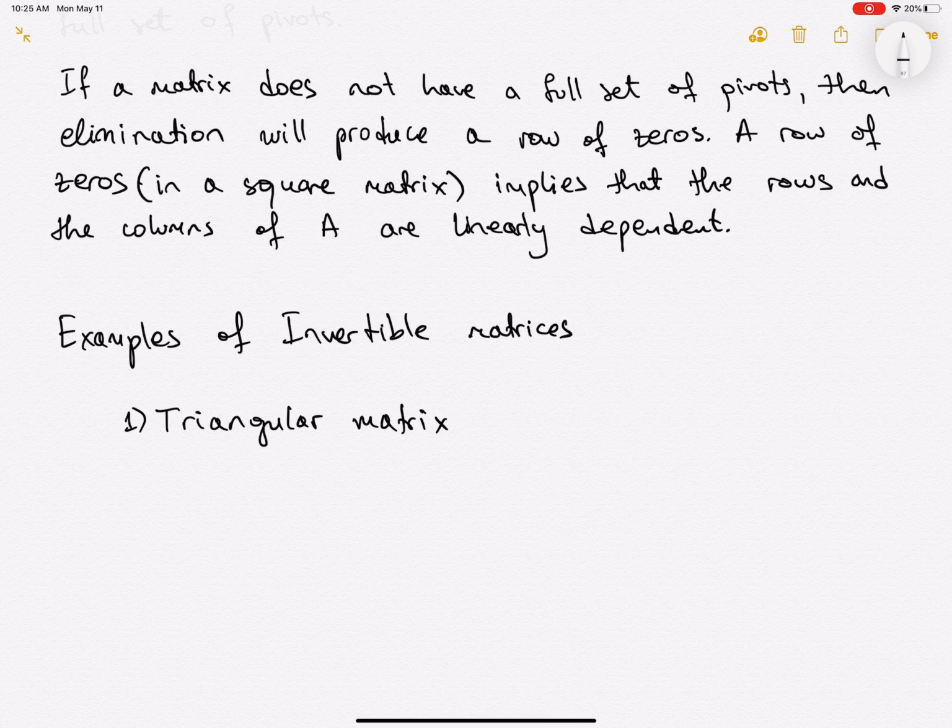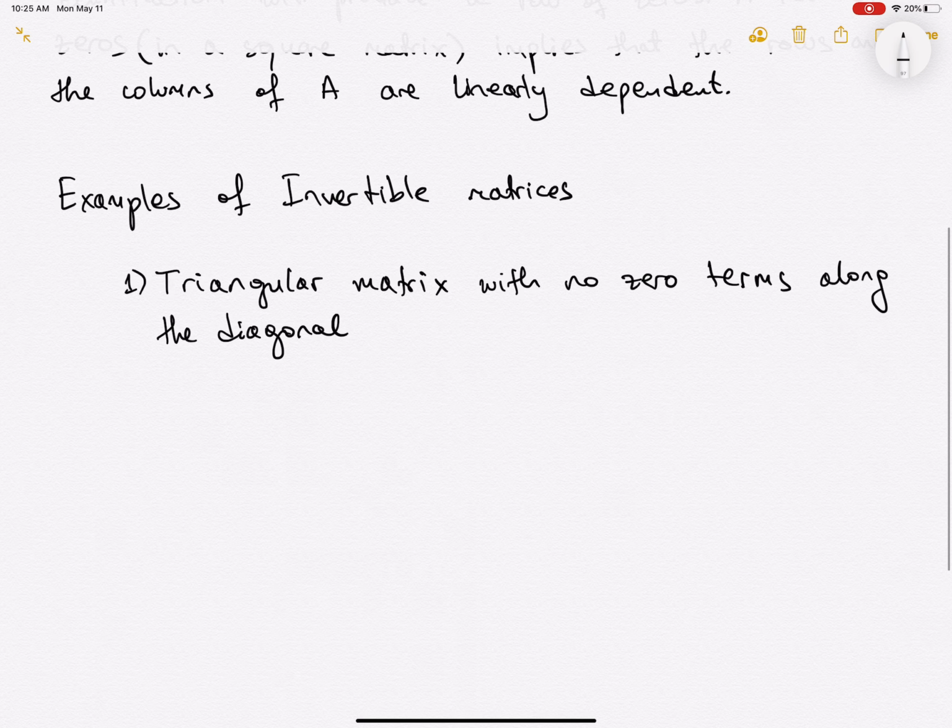Because I wrote here examples of invertible matrices, this would be a triangular matrix with no zero terms along the diagonal. Let me write an example or two. One example could be, say, this L for lower triangular: 1, 3, 4, 0, 1, 5, 0, 0, 1.